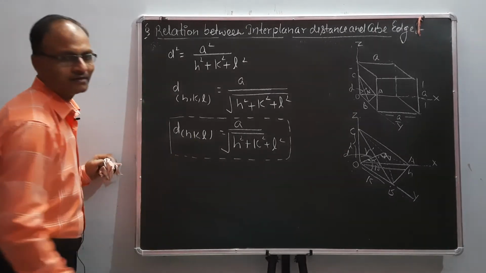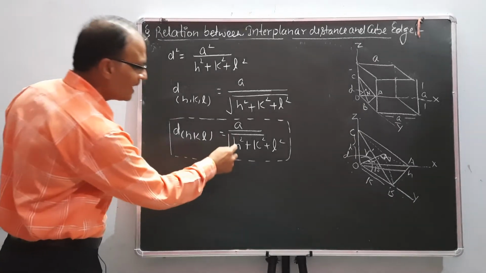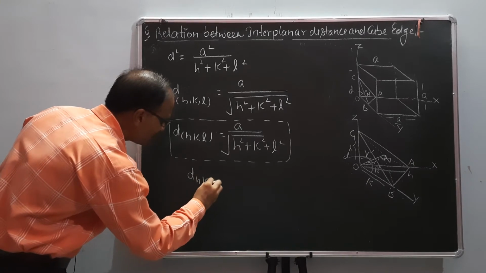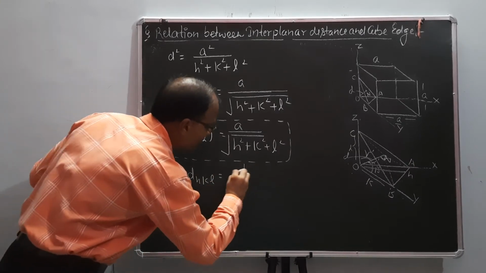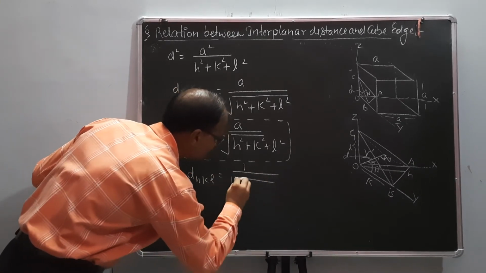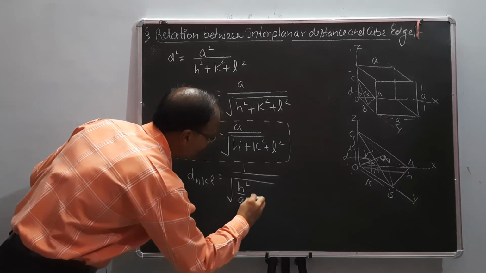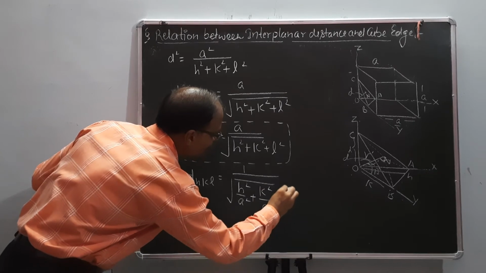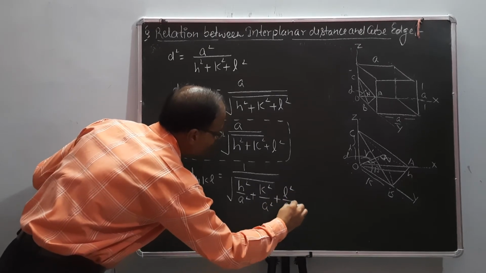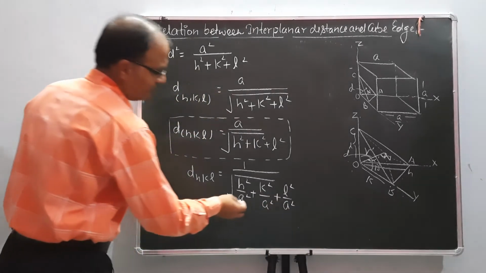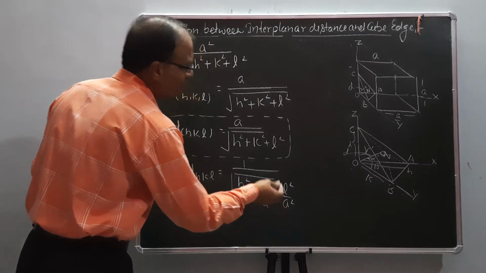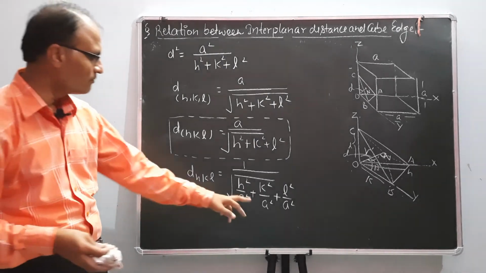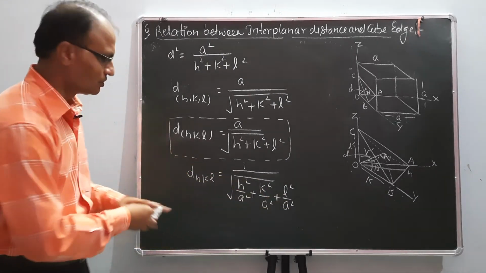Now d h k l equals 1 upon under root h square upon a square plus k square upon a square plus l square upon a square. If a, b, c are different, then h square upon a square plus k square upon b square plus l square upon c square.